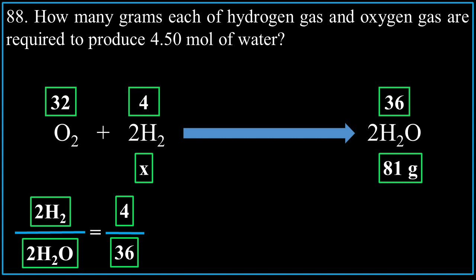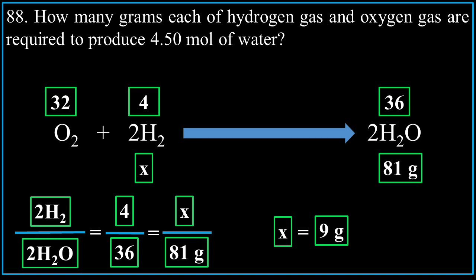Now we're going to compare the hydrogen with the water. So 2 moles of hydrogen over 2 moles of water is 4 over 36, and that's going to be X over 81. So how much hydrogen am I going to need to make 81 grams of water? Solving for X, that'll be 9.